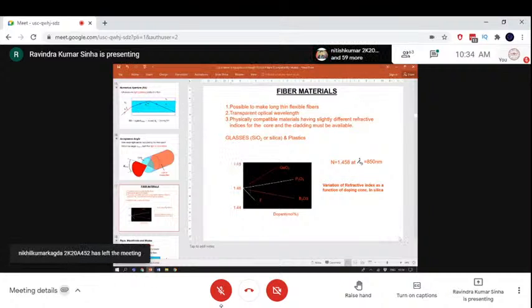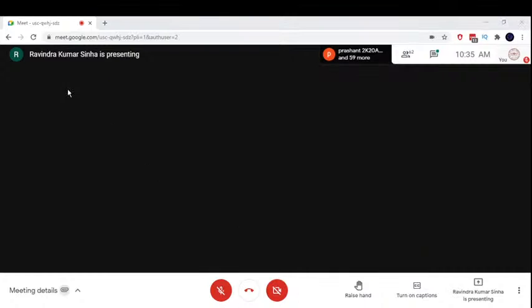Okay. So if you are doping germanium, its refractive index is increasing. P2O5 increases it too. B2O3 has an exact value of 1.458 at lambda 0 of 850 nanometer. So the actual value of the refractive index for a given light, we should define as this much at this wavelength of the light.